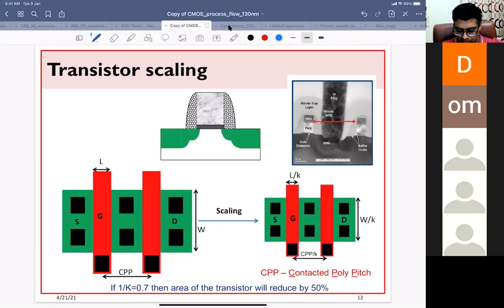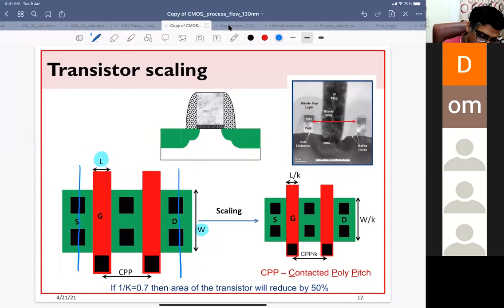This transistor has a length of L and a width of W. And when you calculate the transistor area, the area is measured between these two points.